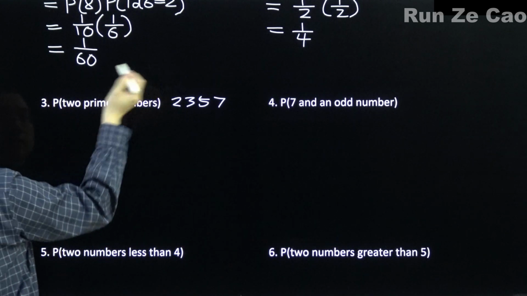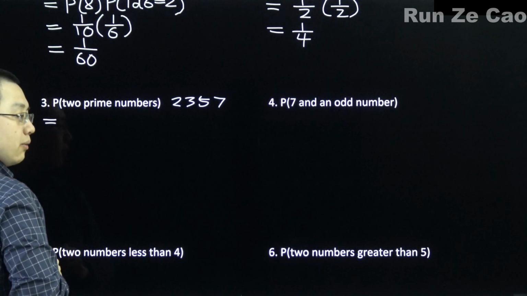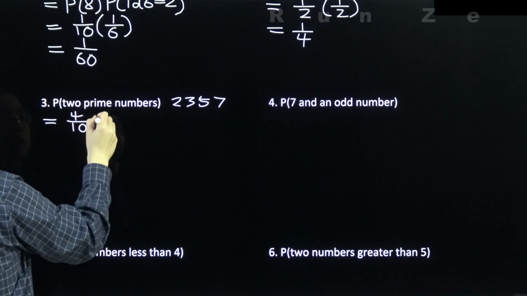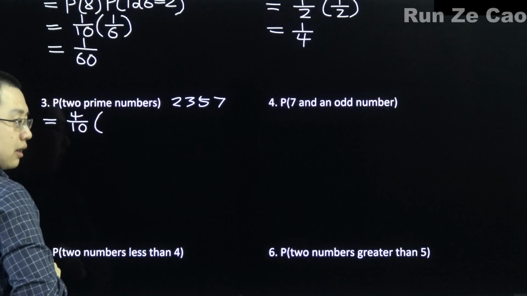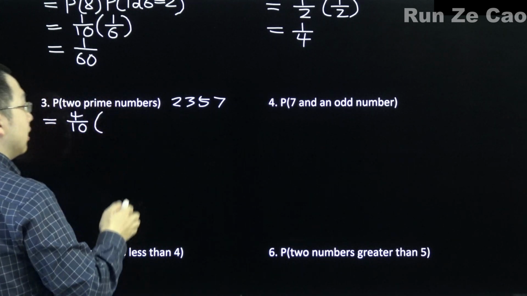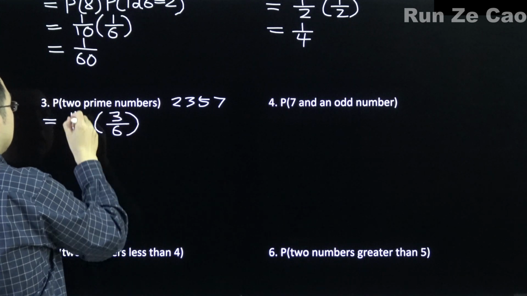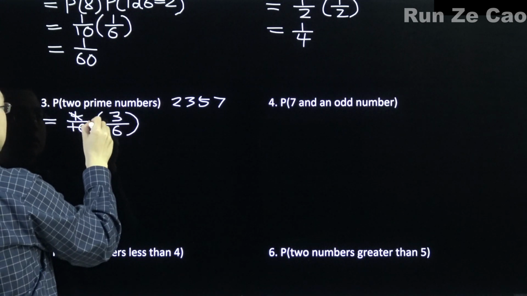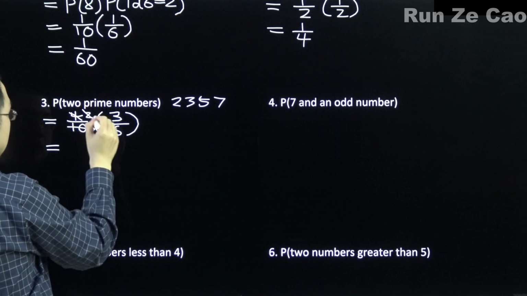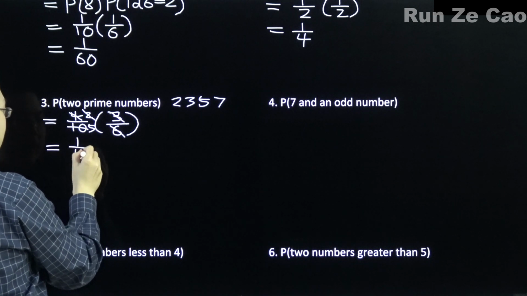Okay, then that means the probability of prime between 1 and 10 is 4/10, multiplied by the probability of prime between 1 and 6, which would give you 3/6. And of course, you can cancel this, and it comes out to 1/5.